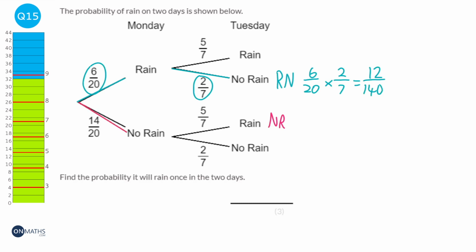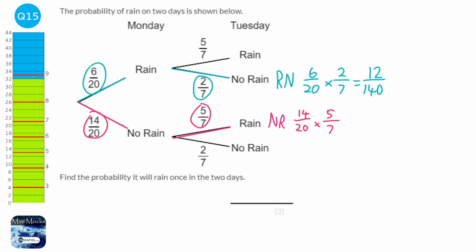And to work out the probability it will not rain on Monday and rain on the Tuesday, we're just going to multiply the 14 over 20 by the 5 over 7. And so that would be 14 over 20 times 5 over 7. And that will give us, was it 70 over 140?